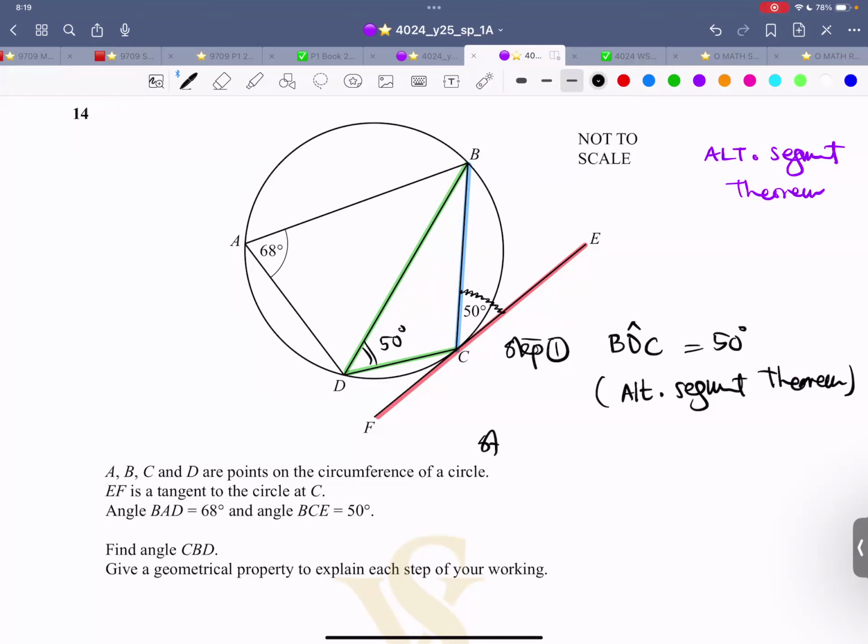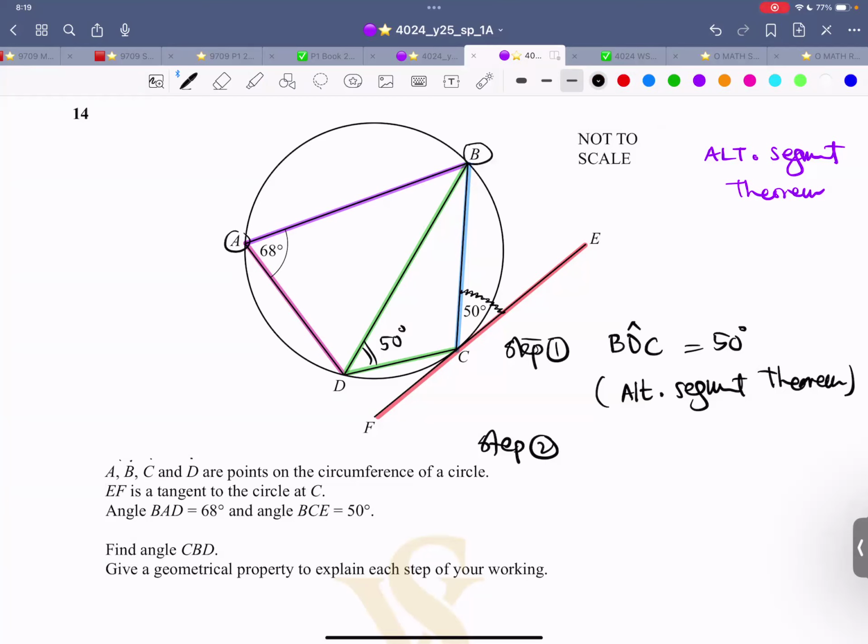Now the second step. What is the second step? The second step is, do you see any cyclic quadrilateral? I think I do see it. So now this line over here, and then this bluish line is there. So this reddish line over here, like this. So now this is a cyclic quadrilateral. And it also says A, B, C, D are points on the circumference of a circle.